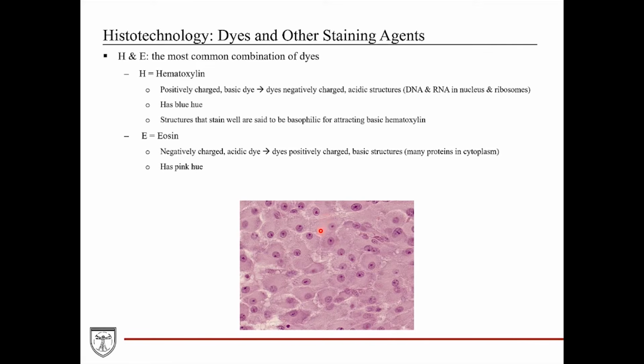So we're actually seeing the lovely pink cytoplasm staining well with eosin. And of course, structures that are staining well with eosin are then said to be eosinophilic or acidophilic for attracting this acidic dye that is the eosin.